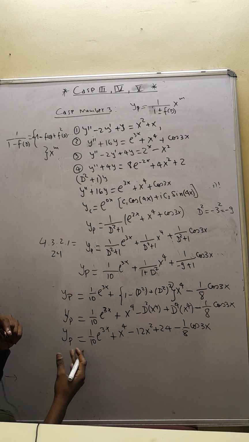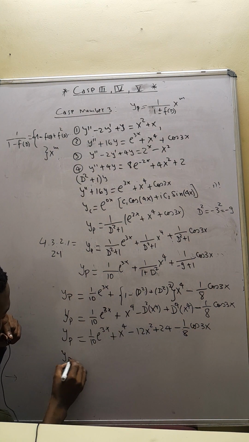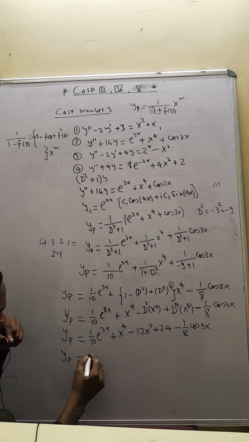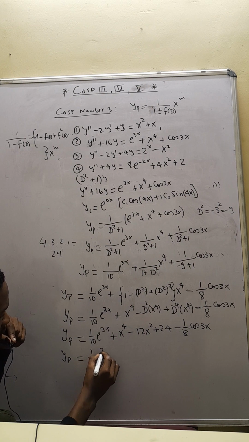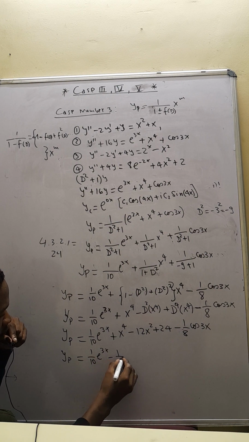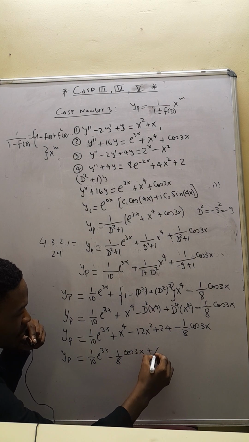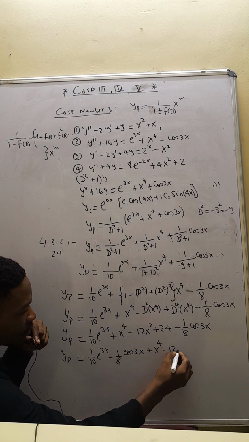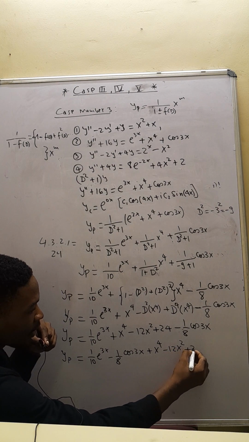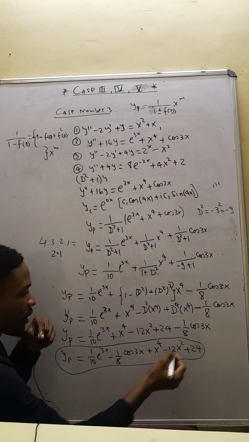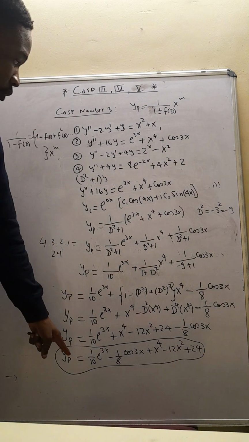Okay, just in a way to organize it, yp can be first the polynomial or first this guy. So 1 by 10 Euler raised to 3x minus 1 by 8 cos of 3x, then come the polynomial, plus x raised to 4 minus 12x squared plus 24. Okay, yeah, this is your yp.